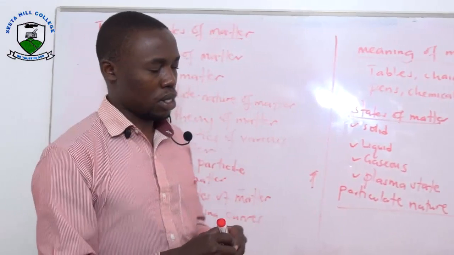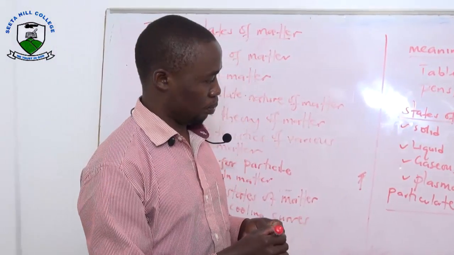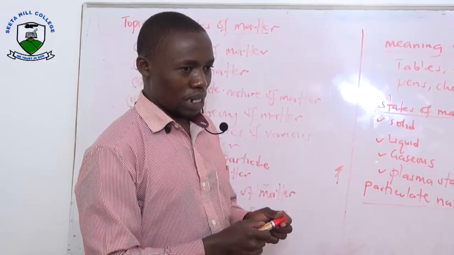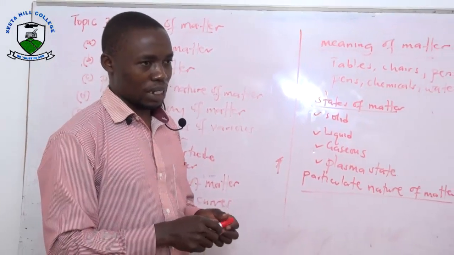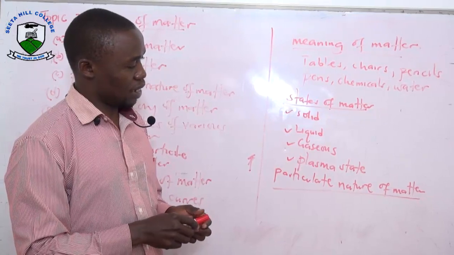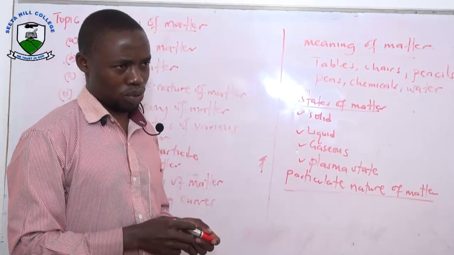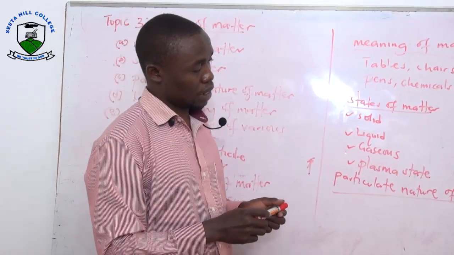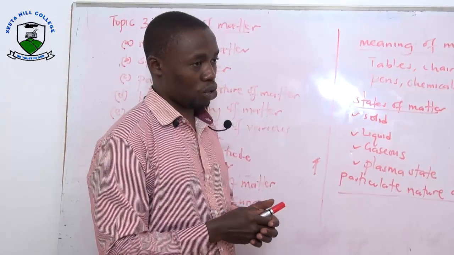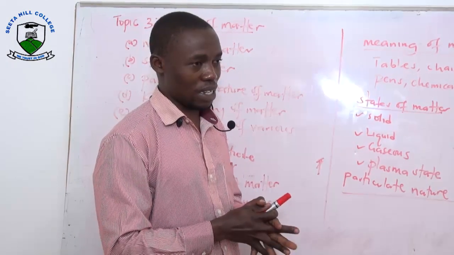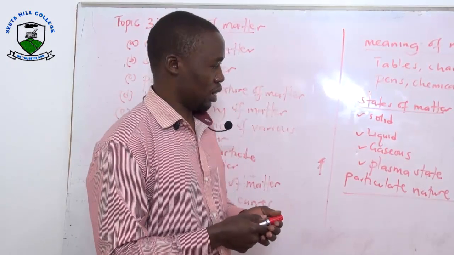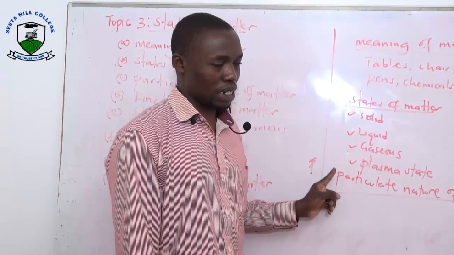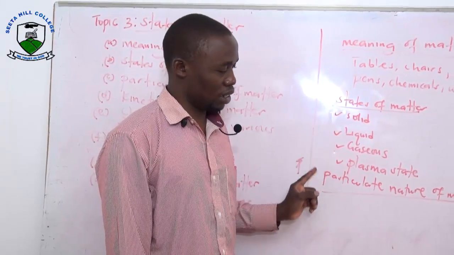Now, when we say particulate nature of matter, we mean: does matter have particles? We want to see, indeed, is matter having particles? Or is matter just a myth, a thought? And we shall prove this, that matter indeed has particles in it.